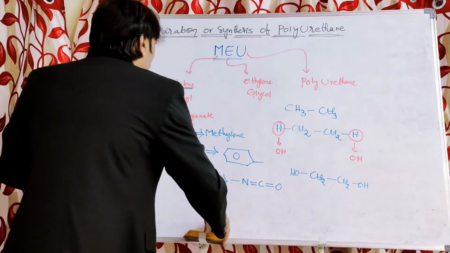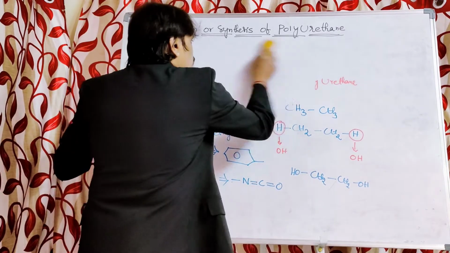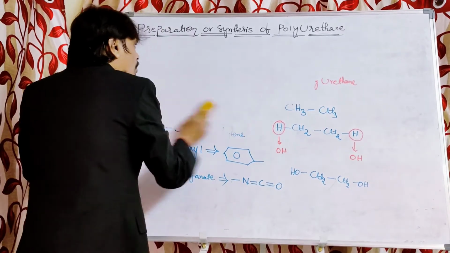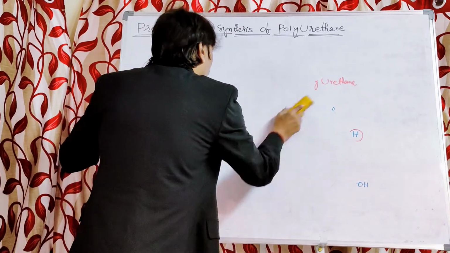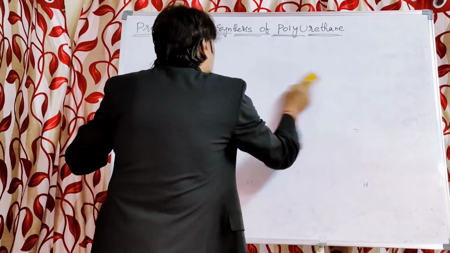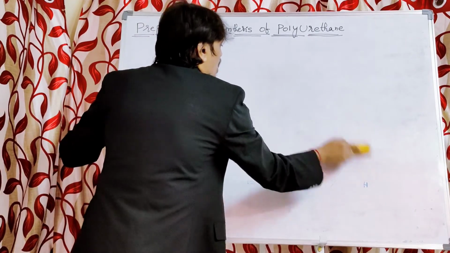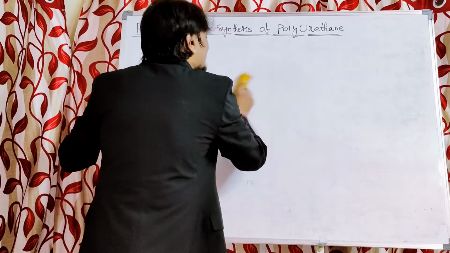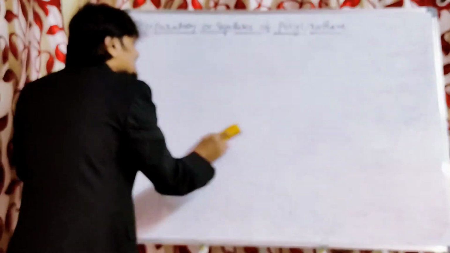In order to remember the structure of ethylene glycol, you have to know what is that molecule from which the ethylene glycol has been derived. The ethylene glycol has been derived from ethane. Now, how to get the structure of ethylene glycol from ethane? What do you need to do?